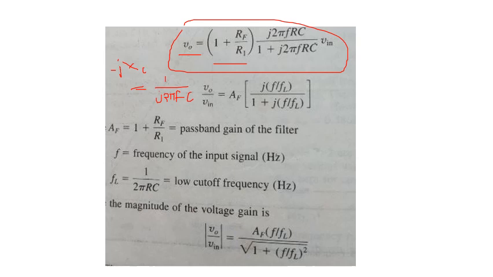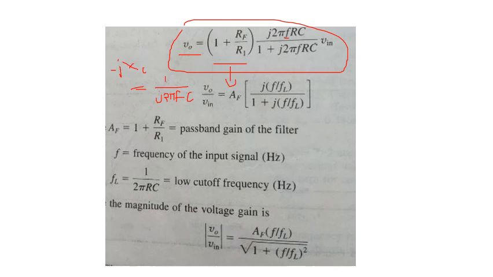So V naught by V in, bring this V in down, and this is AF, and this becomes F by FL, since we know that FL equals 1 upon 2 pi RC. So 2 pi RC becomes 1 by FL. So this is J into F divided by FL divided by 1 plus J F divided by FL.